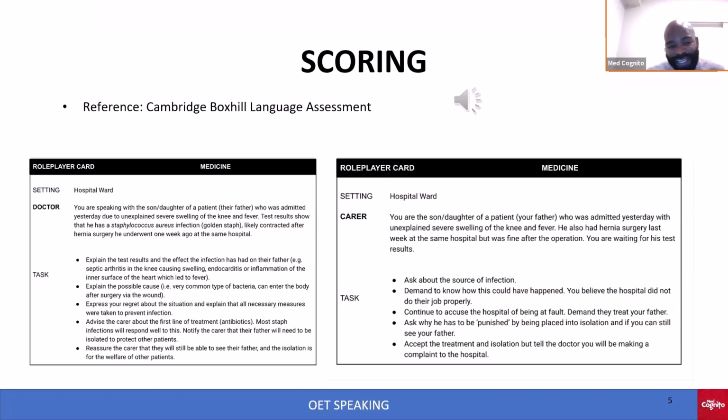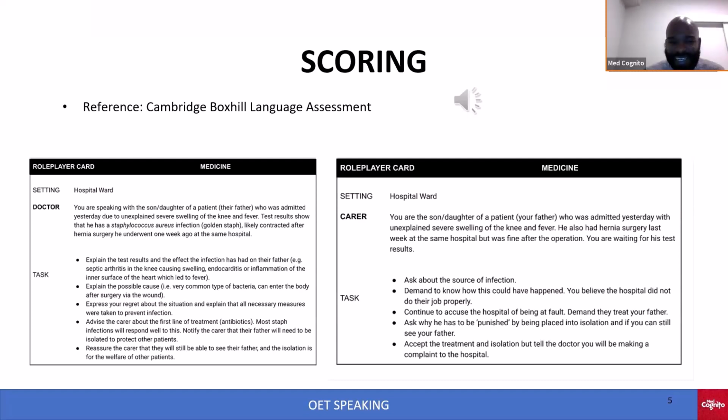And so if you look at it carefully, you'll see that you don't need to have medical knowledge of the specific infection that is being discussed here. That is not what you are going to be assessed upon. So please take note.